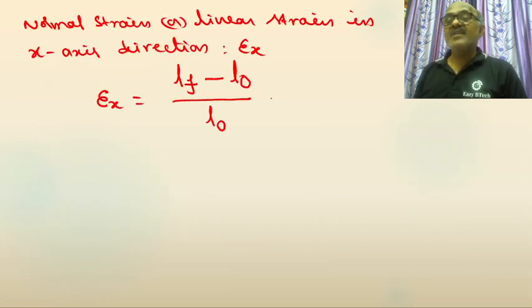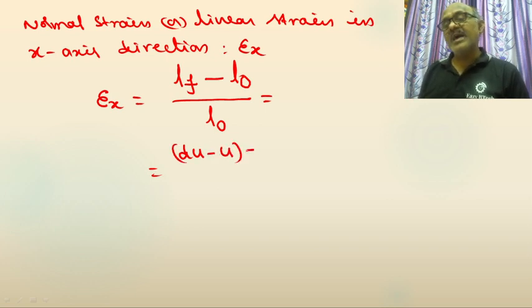Now that is equal to, so I will write here, the final length, that is dx minus u plus dou u by dou x into dx.